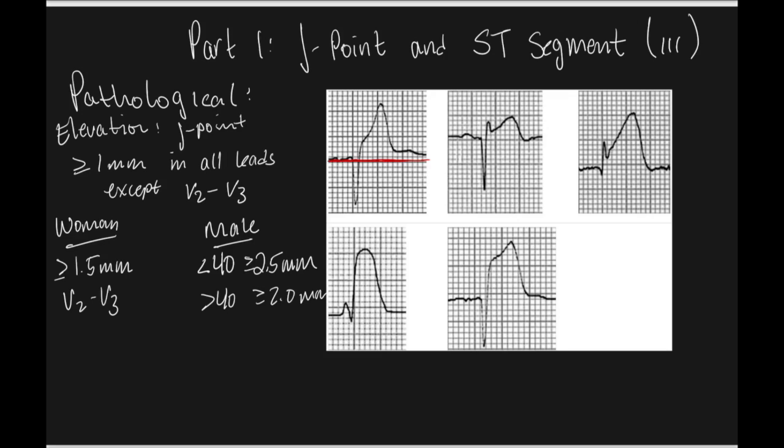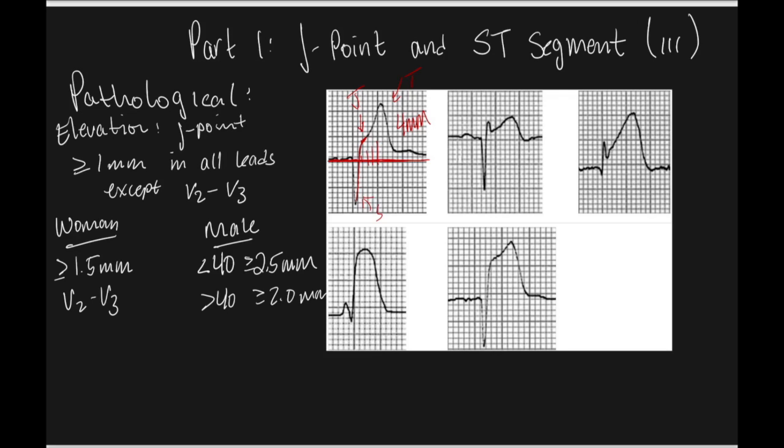And if you said, well, here's our S wave, here's our T wave, and as my S wave moves up, it flattens out right here, so that's my J point, you would be correct. So then how many millimeters of elevation do we have? So we have about 1, 2, 3, 4. About 4 millimeters of elevation in this lead.